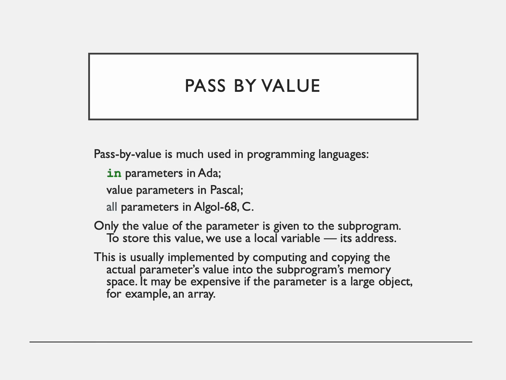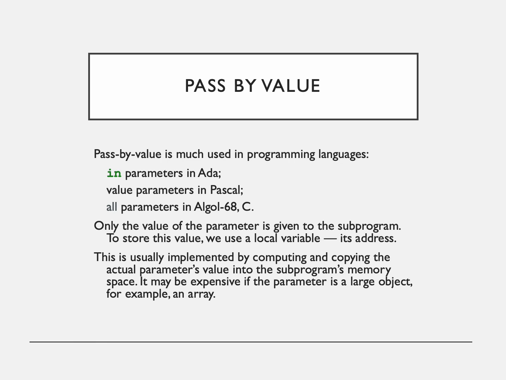Pascal utilizes value parameters to explicitly indicate that the data should be passed by value. In Algol 68 and C, all parameters are treated as pass by value unless specified otherwise, making it a cornerstone of procedural programming in these languages.